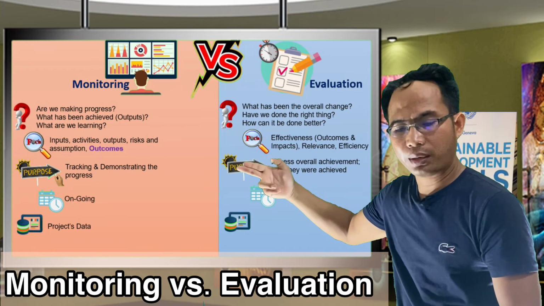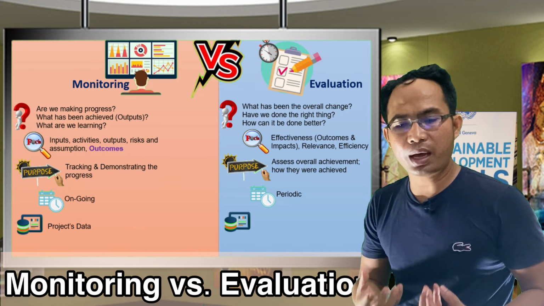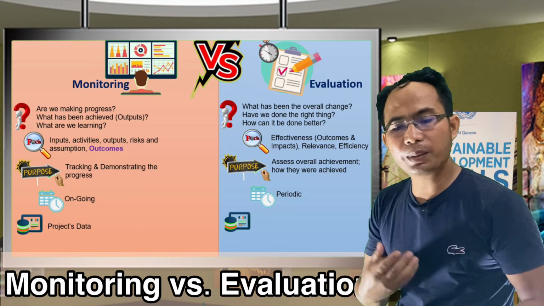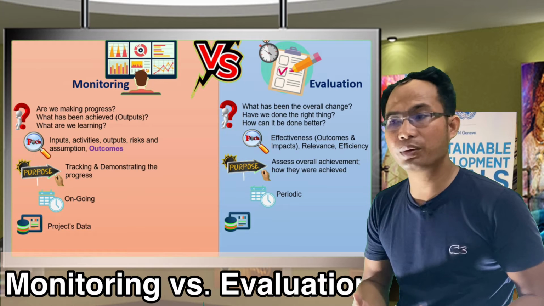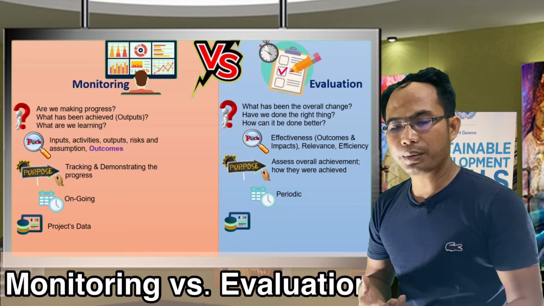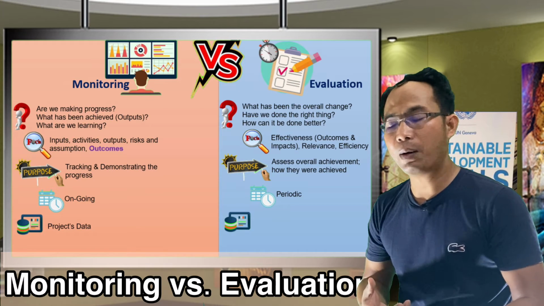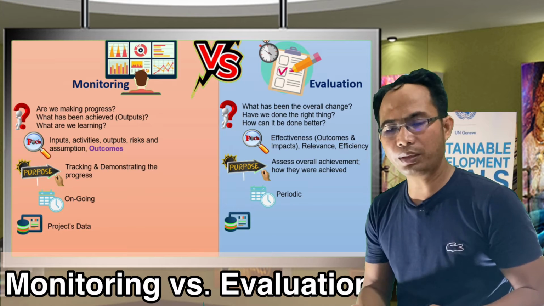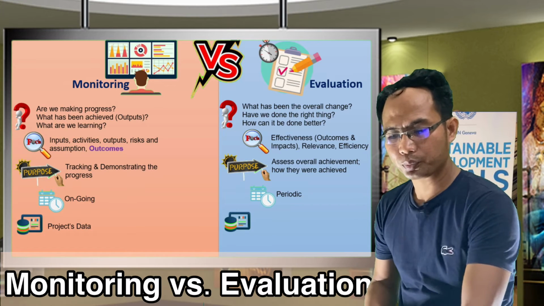For the monitoring, the data source mainly relies on the project data. Right? If you would like to see the progress of activity, you mainly focus on the activity report. You want to know how many activities were conducted. It will depend on the activity report, right? You look at the project data.